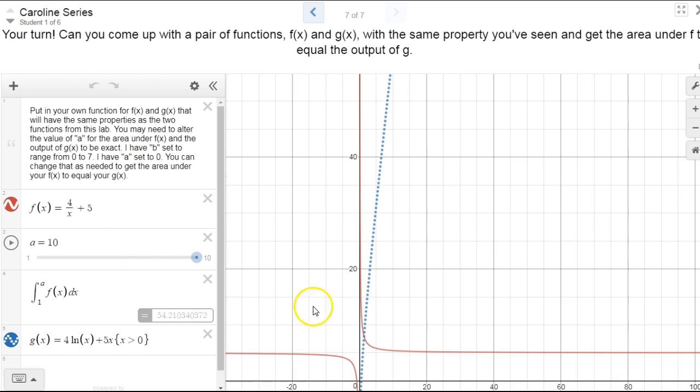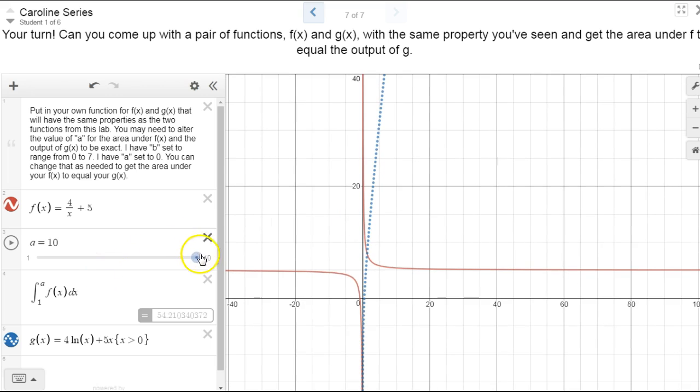But for some of you, it wasn't exactly the same. What I mean by that is, for this one right here, if you look, the area that we've accumulated according to this is 25.185, and this is 20.185. So it's off by 5.